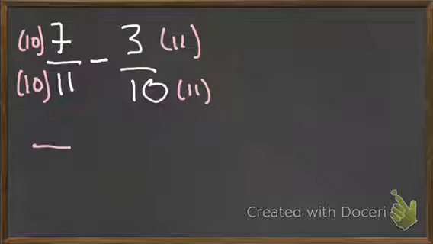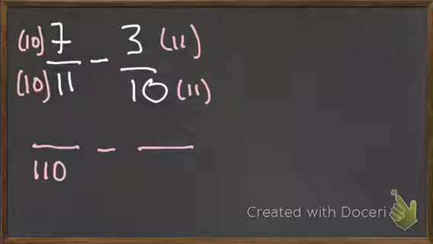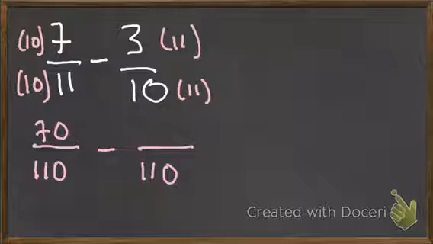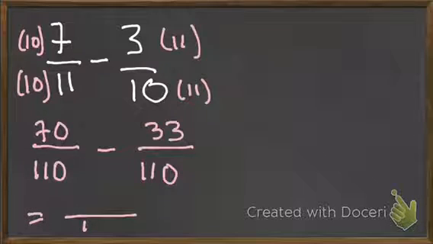So this gives me 110 in the bottom, 10 times 11, and then 10 times 7 gives me 70, and then 3 times 11 gives me 33. Now my denominators are the same, and I can simply go ahead and subtract.